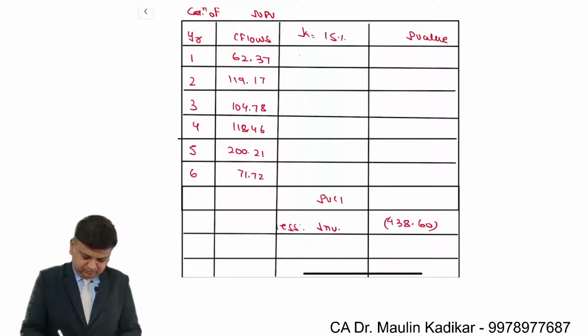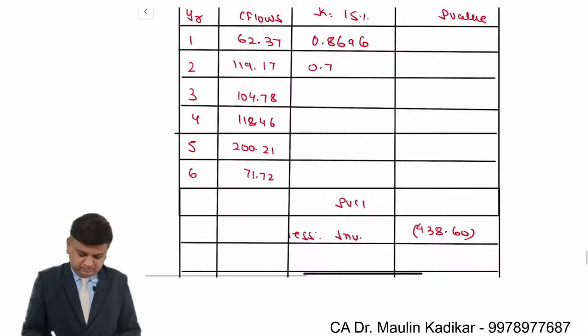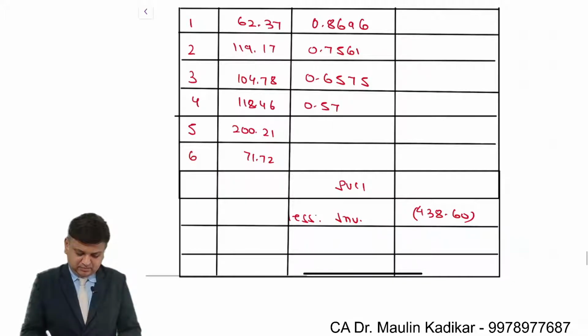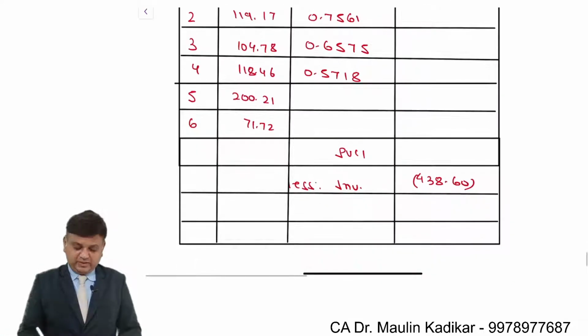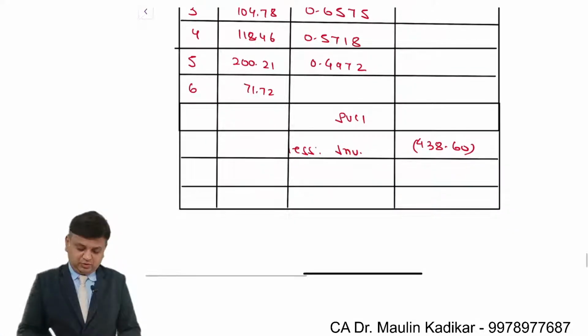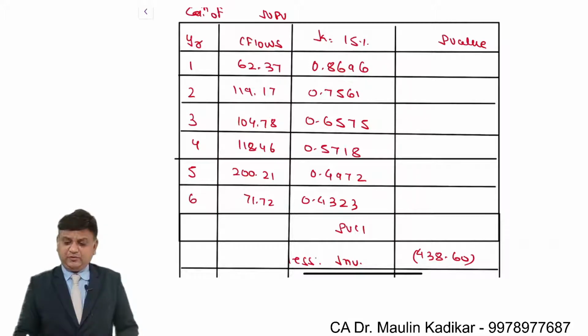The discount factors are 0.8696, 0.7561, 0.6575, 0.5718, 0.4972, 0.4323. 62.37 into 0.8696, so 54.24.